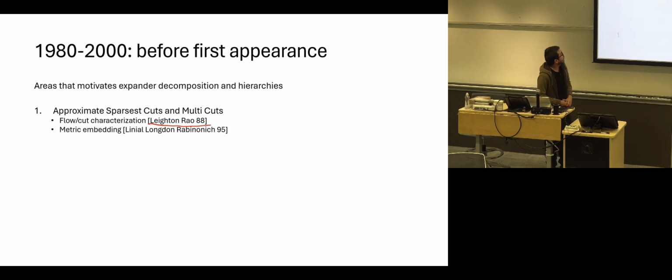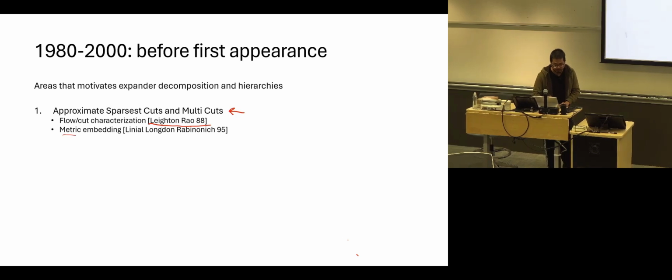The flow-cut gap result that we studied is from that year, and there is another proof of the flow-cut gap based on metric embedding, which I taught several years ago that you can look up, but it's also in this area.